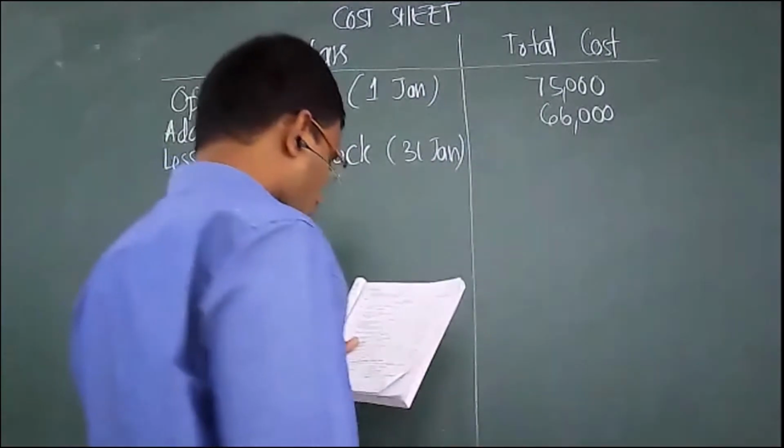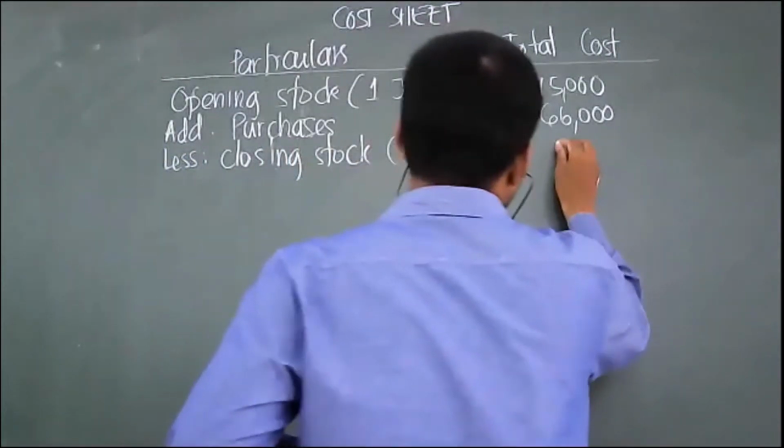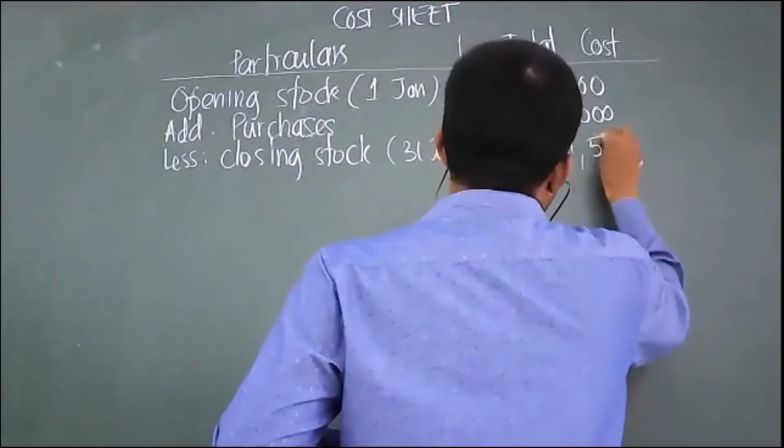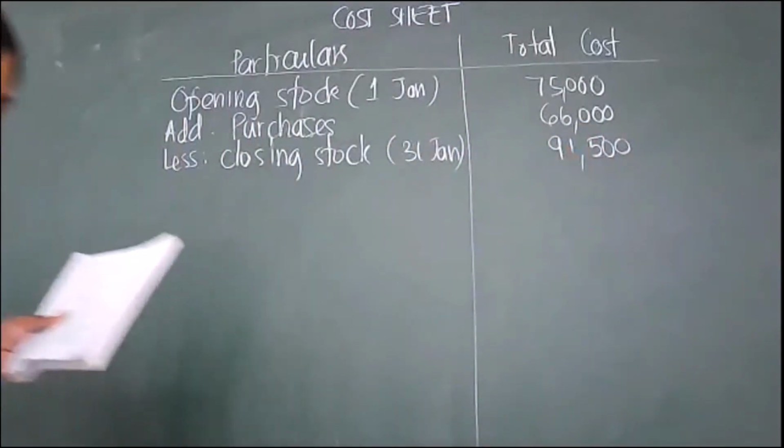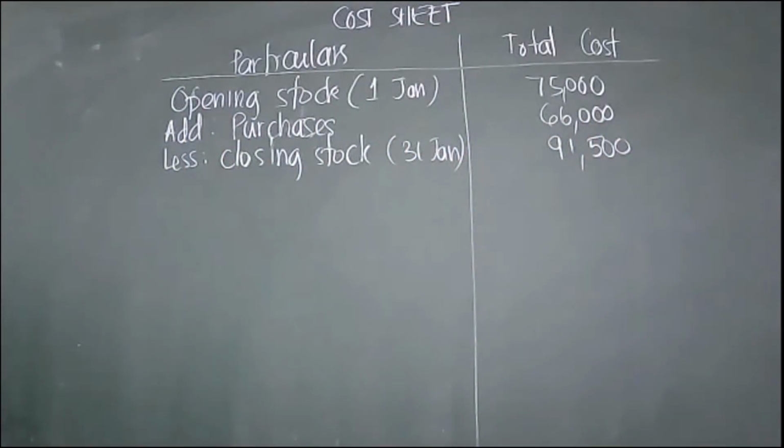So closing stock works out to be 91,500. Okay, so we have the opening stock, which is 75,000.